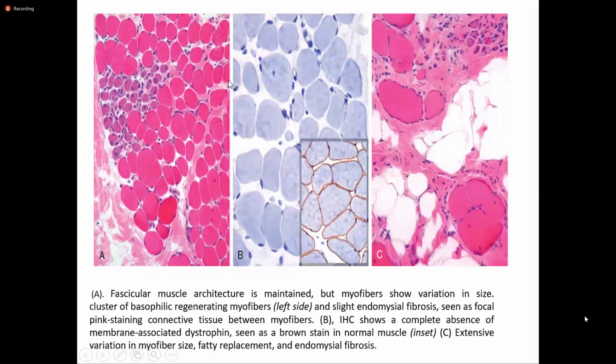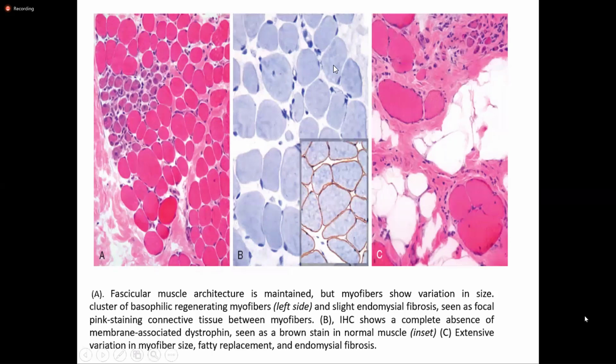Also, as dystrophin is absent, this IHC of normal skeletal muscle shows dystrophin positivity. This is a normal one, but here in Duchenne muscular dystrophy, all these cells are lacking dystrophin.